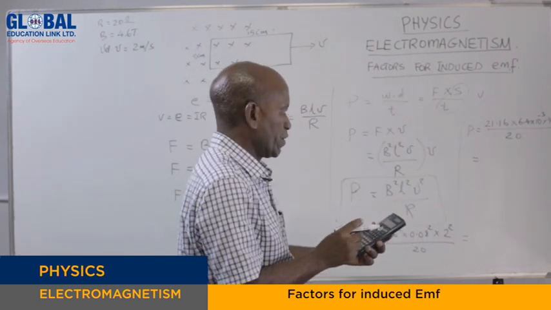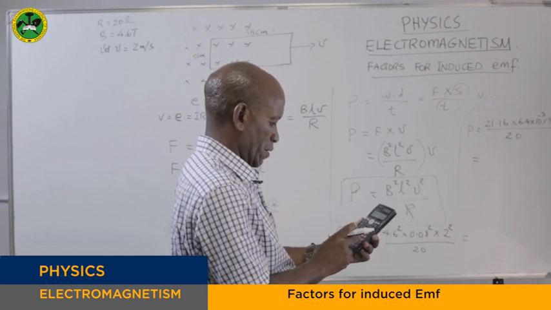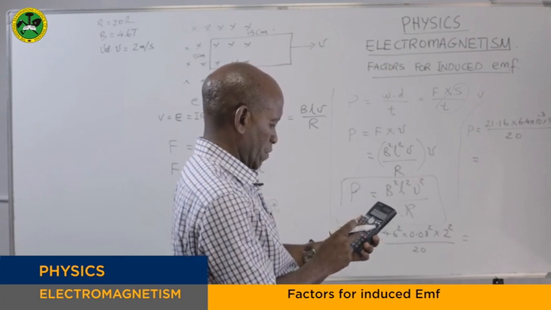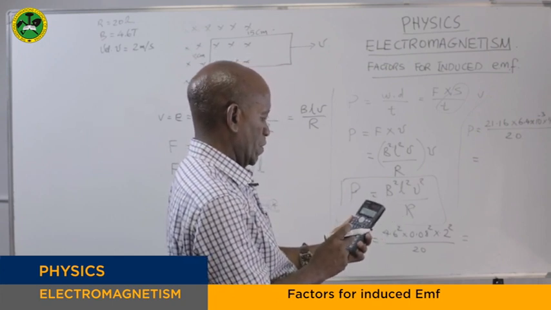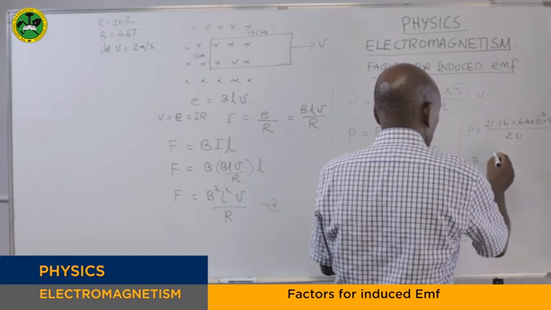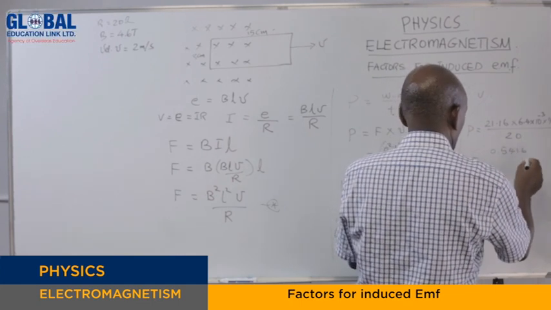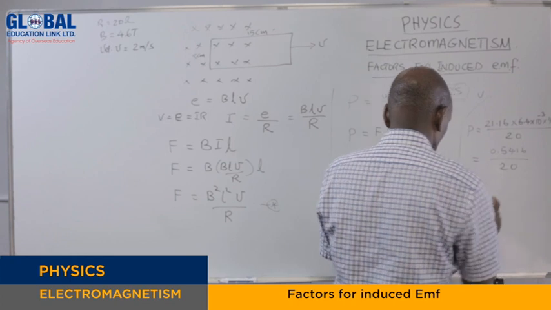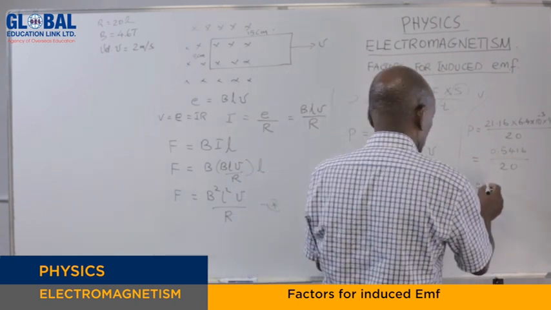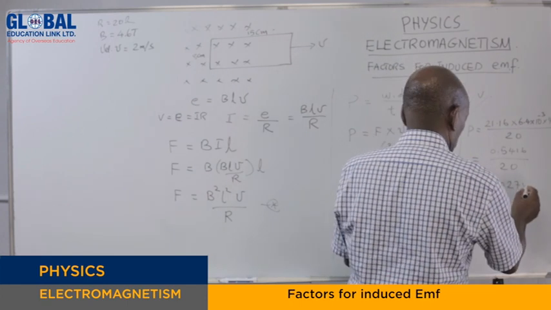If you compute, you get 0.5416 divided by 20, which is 0.02708.